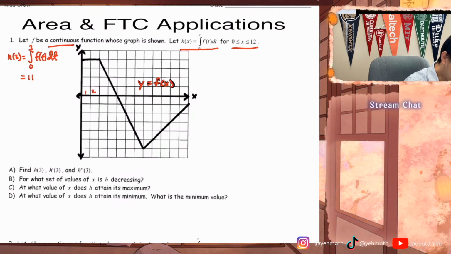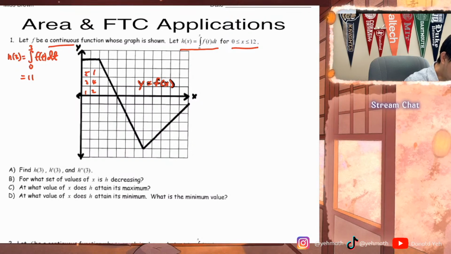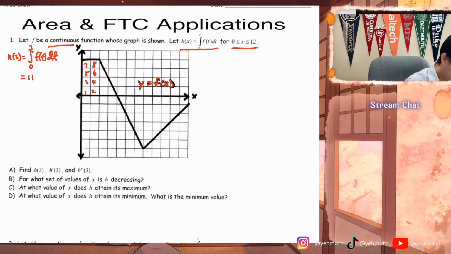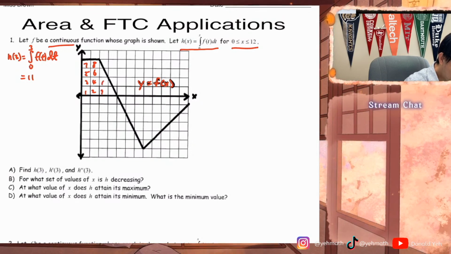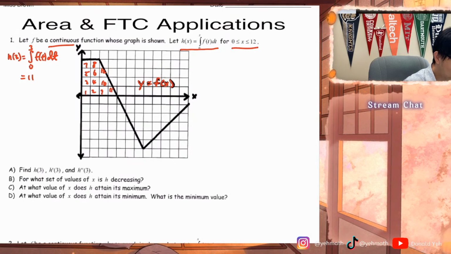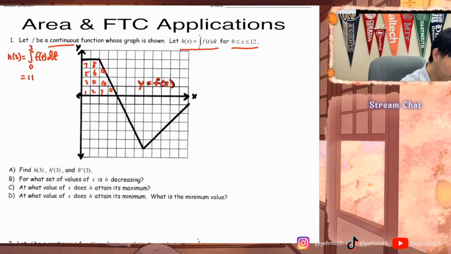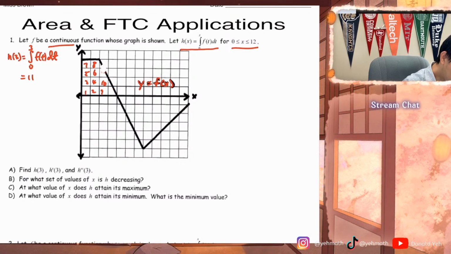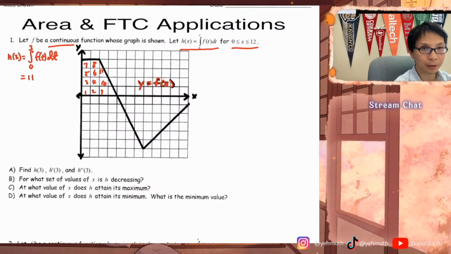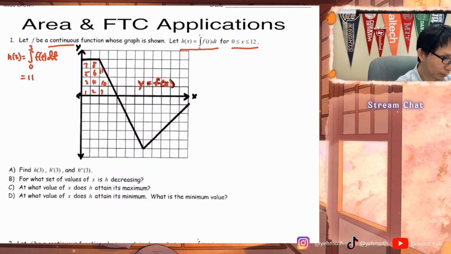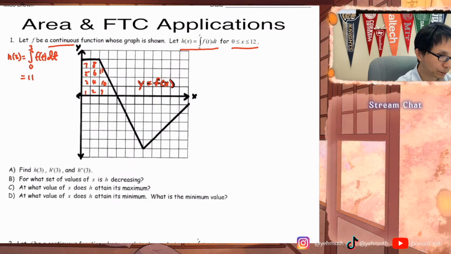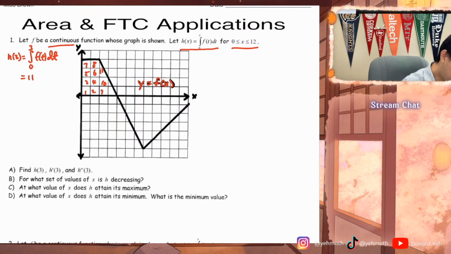You count 1, 2, 3, 4, 5, 6, 7, 8. You don't have to do calculus. 9, 10, 11, and 12. Oh, no, sorry, my bad. It's 11. I don't know why I counted 12. I counted 0 to 4. So h of 3 is equal to 11.